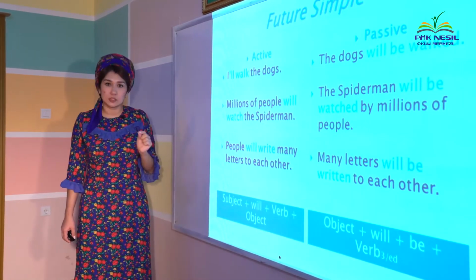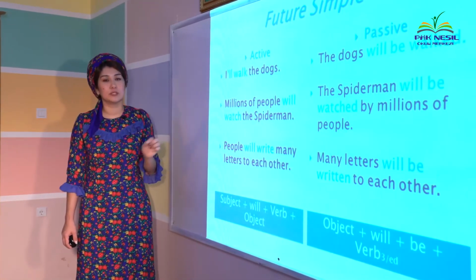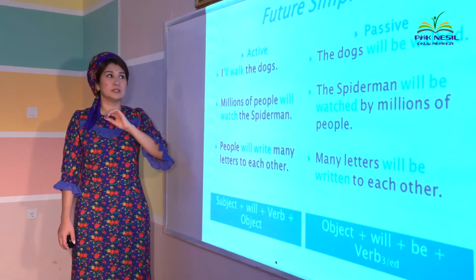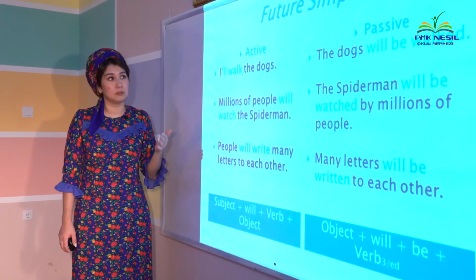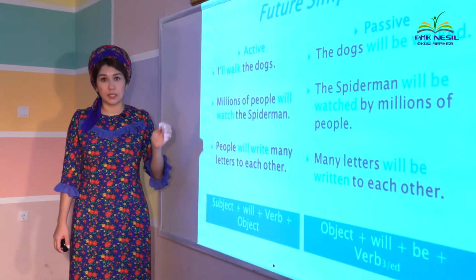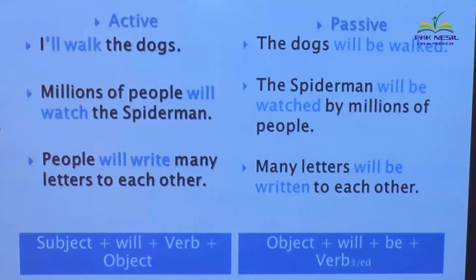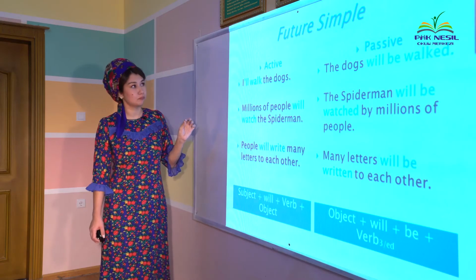So pay attention, please, guys. In passive voice, it doesn't matter what tense you use, what tense is written in a text. Don't forget to use the verb to be, okay? That's one of the main parts of the passive voice.